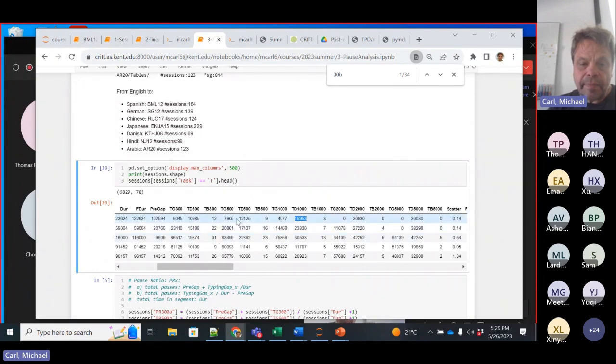And if we add up these numbers, we should always get the same number. Is that true? If we add up the typing bursts plus the pauses, the typing gaps, it would be the same if we separate.